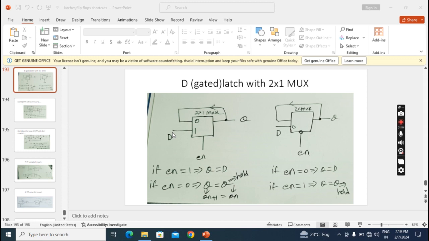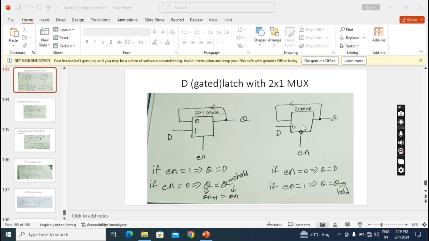If D is 1, I will get 1 at the output. Similarly, when I apply 0, this will be selected. What am I getting here? Q. It means if my next state is Qn plus 1, the output will be same as the previous state, Qn. So hold is happening.